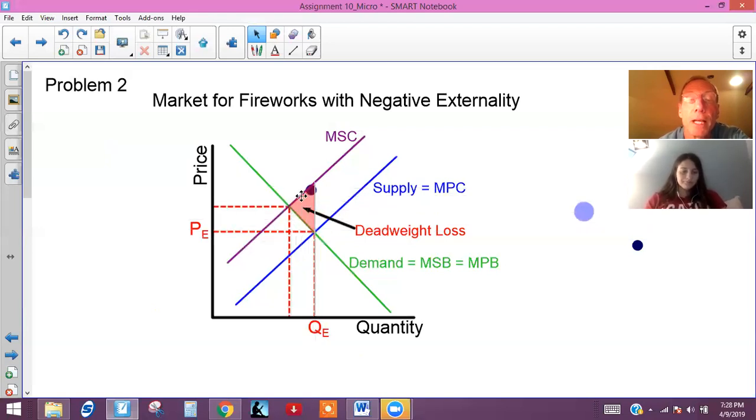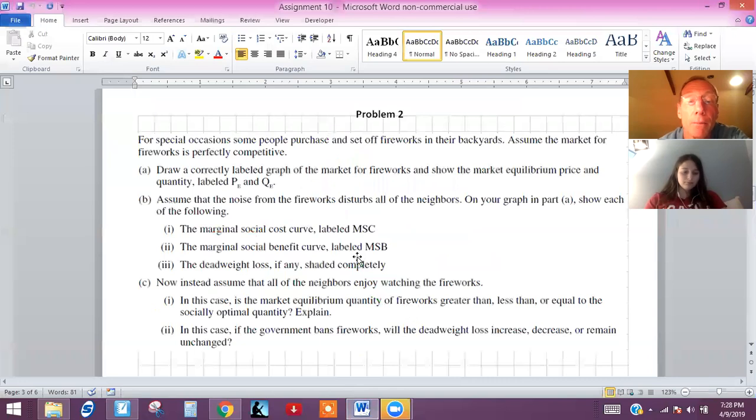This is going to be the deadweight loss that's created by what? This is the deadweight loss created. This is why it's tricky, created by the negative externality, right? So it's kind of like going the other way, right?